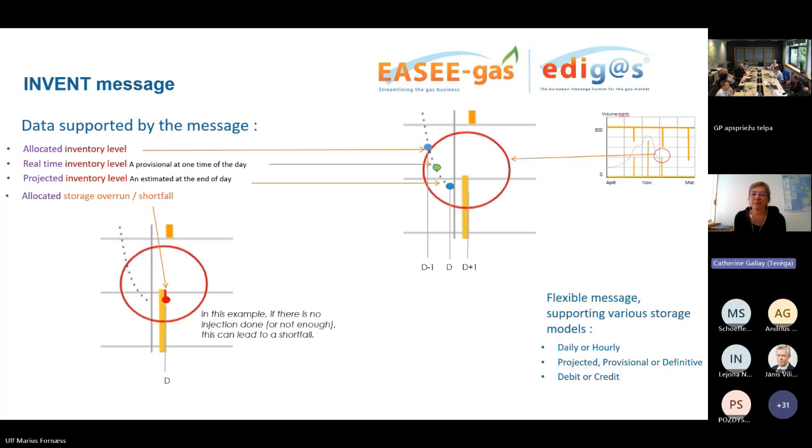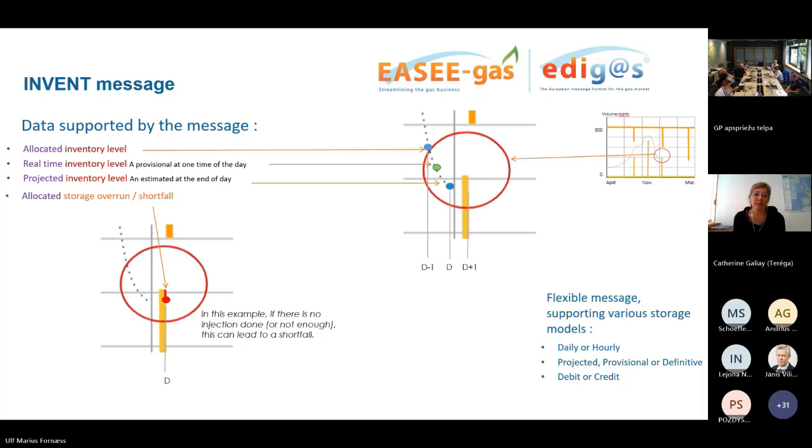As a reminder, the previous slide's limits can be provisional or definitive, depending on the status of the last calculated storage level for the corresponding gas day. So as we are calculating a limit for injection and withdrawal, we use this storage position to calculate it, and the status of the limit can depend on the status of the storage position.